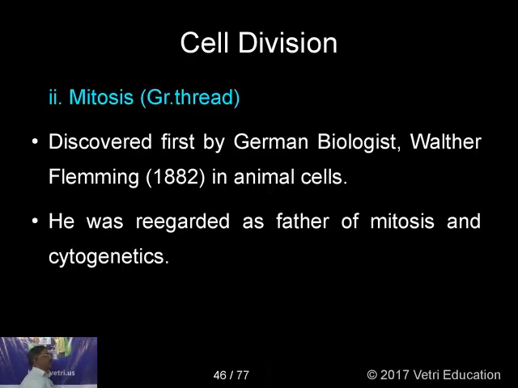Next, mitosis. This was discovered by German biologist Walter Fleming in 1882 in animal cells. But in the same year, it was also discovered in plant cells. Fleming was regarded as the father of mitosis and cytogenetics. Walter Fleming coined the name mitosis.